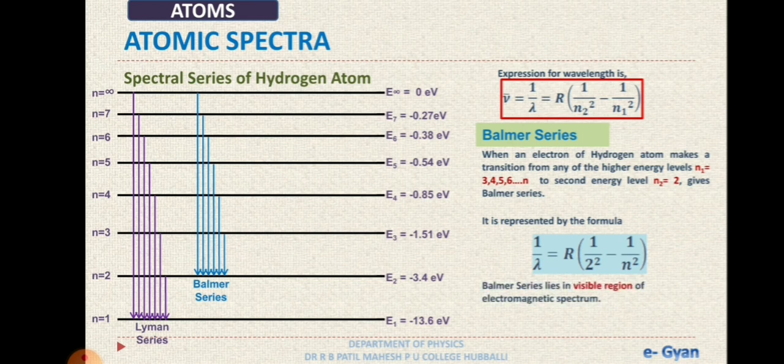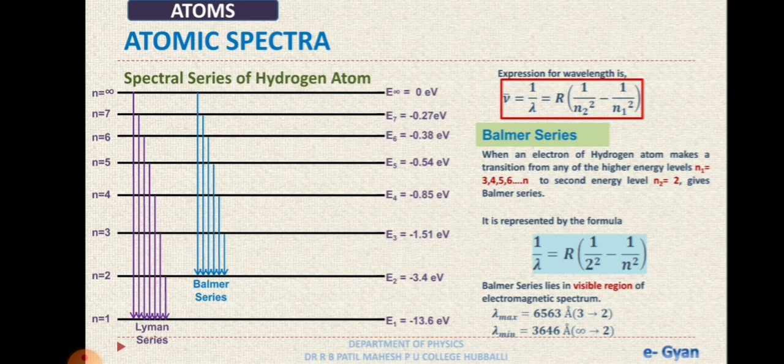Now, Balmer series lies in visible region of electromagnetic spectrum. So the series of hydrogen atom that we can see is associated with the Balmer series. The maximum wavelength that is emitted is 6563 angstrom, which is due to the transition of an electron from third energy level to second energy level.